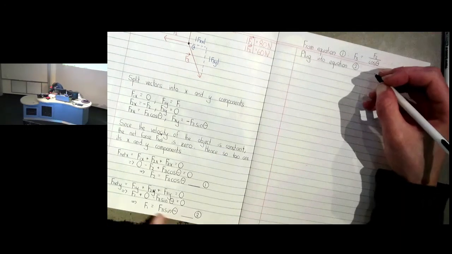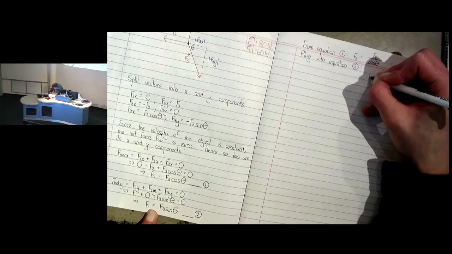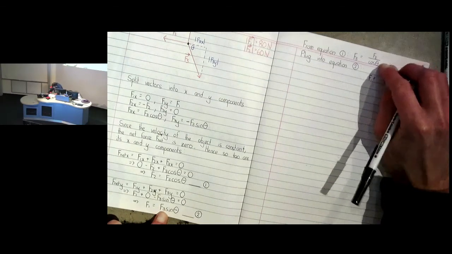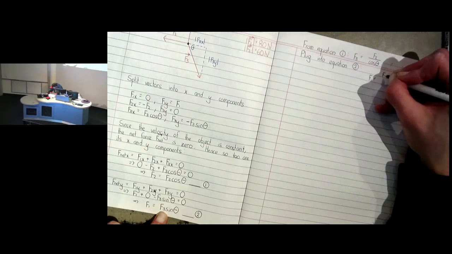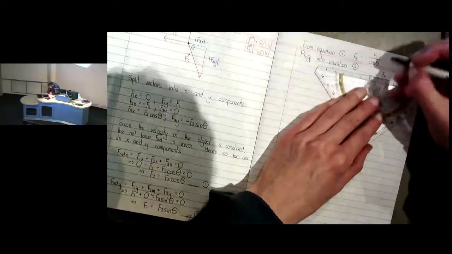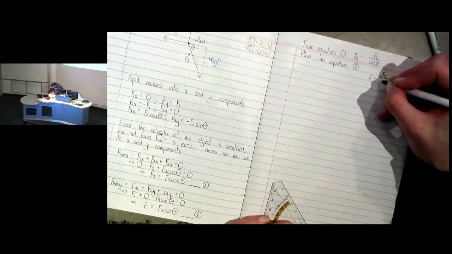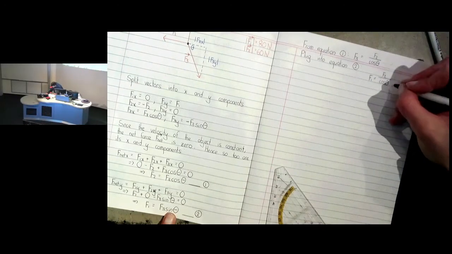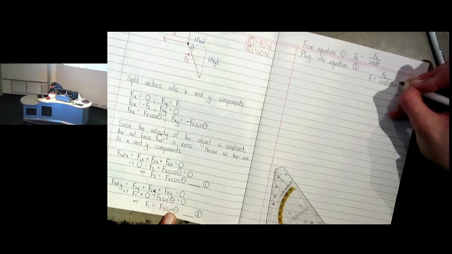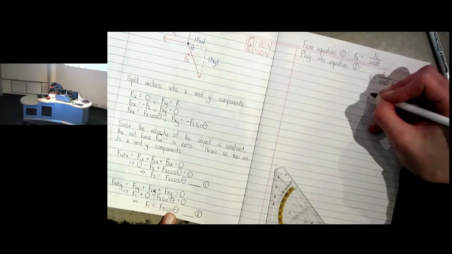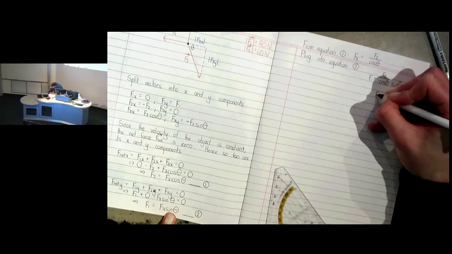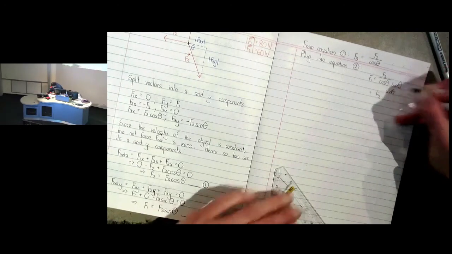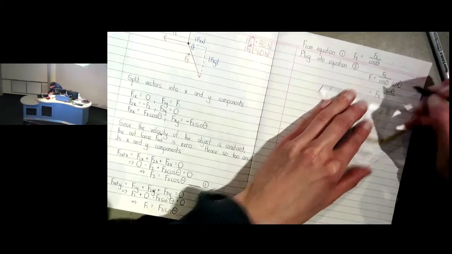And what we get then is we find that F1 is equal to F3, which is the same thing as F2 divided by cos theta, multiplied by this sine theta. And this is exactly the same thing as F2 multiplied by sine theta divided by cos theta.